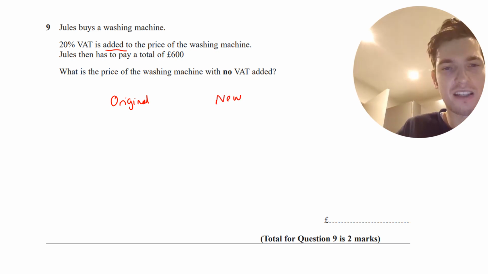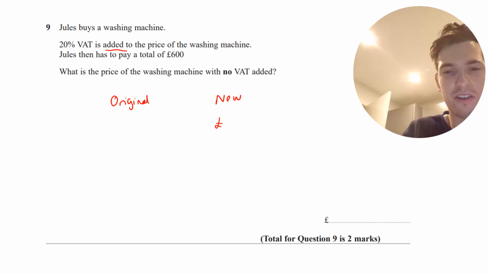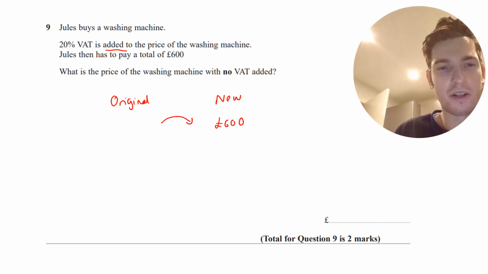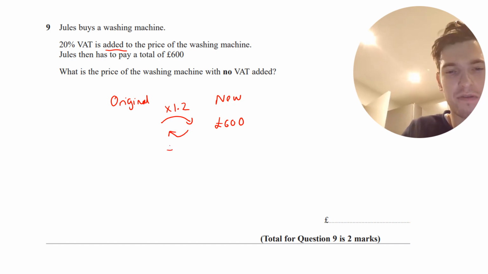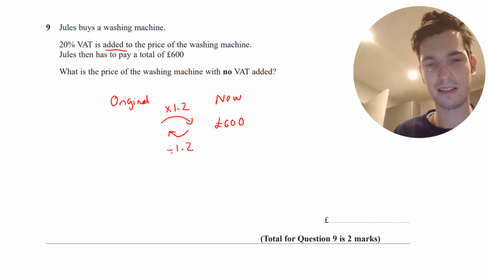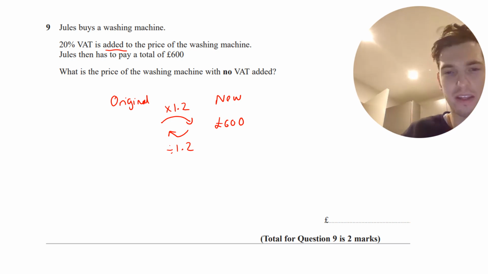And he then has to pay 600, so I think 600 is my new. And my scale factor, well, a 20% increase means times by 1.2. So to get my original, I'm going to have to divide by 1.2. Again, another decimal division, so we really have to be confident with this.